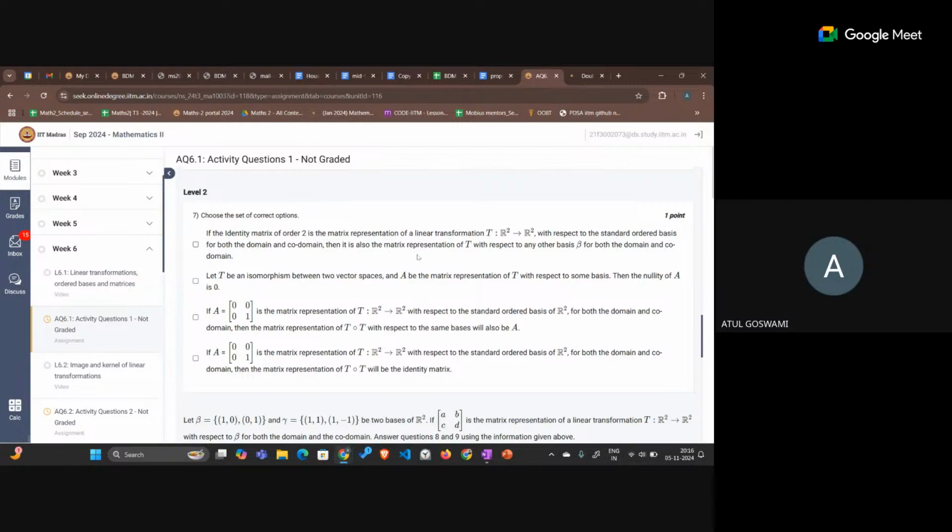Okay, then it is saying both for domain and codomain, then it is also the matrix representation of T with respect to any other basis beta for both the domain and codomain. So the identity matrix is the matrix. Then what can we get from here?